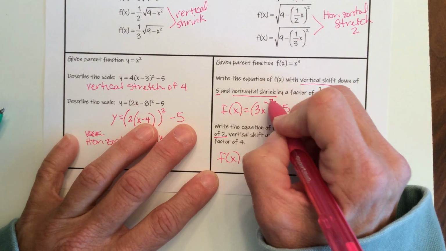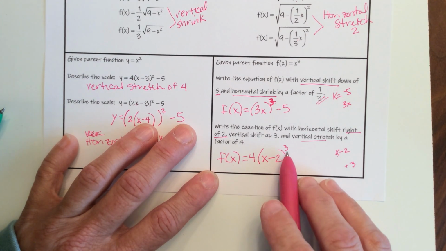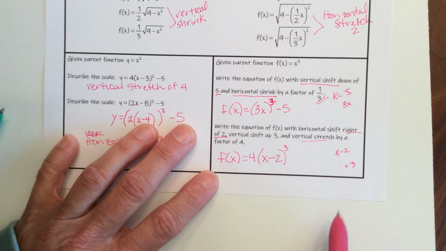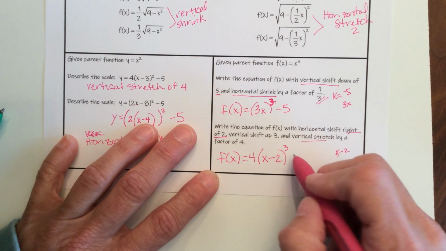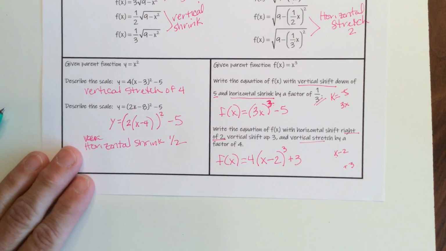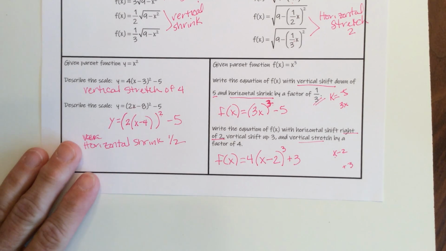I just noticed I squared that. That should be cubed. All right, so 4 times x minus 2 cubed. What have I left off? And a vertical shift of up 3. Okay, so let's take a little time there to process that, and then I want to, in the next video, come back and look at reflections.